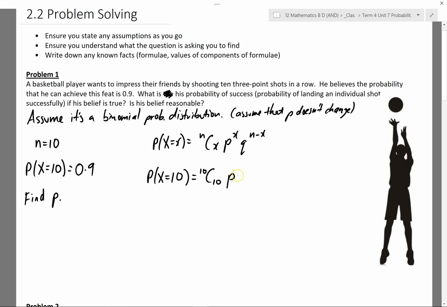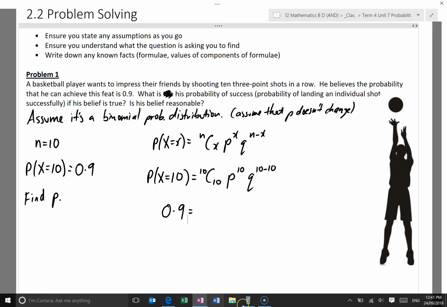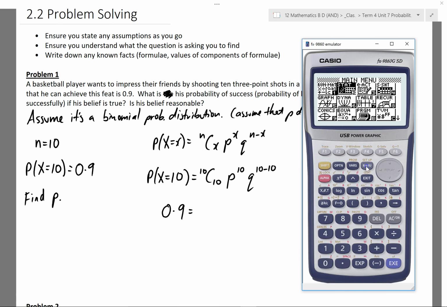So P to the power 10 and Q to the power 10 minus 10. Okay, this will be interesting. Do I know anything? Yep, I know that the probability on the left hand side is actually 0.9. 10C10, I could probably figure out what that is.